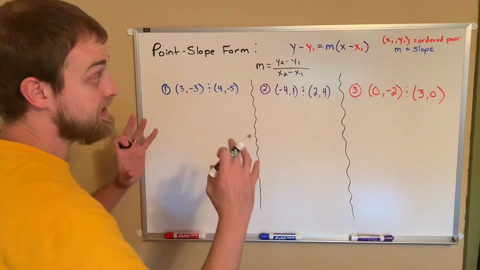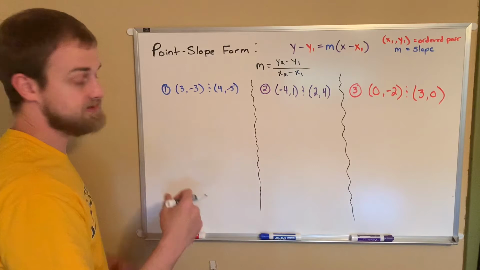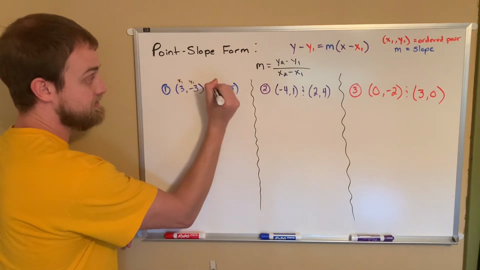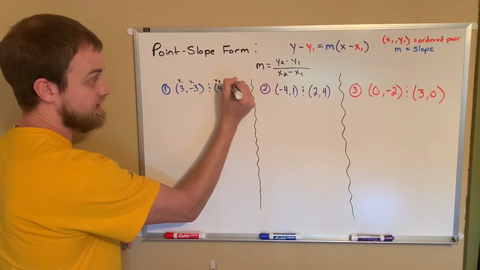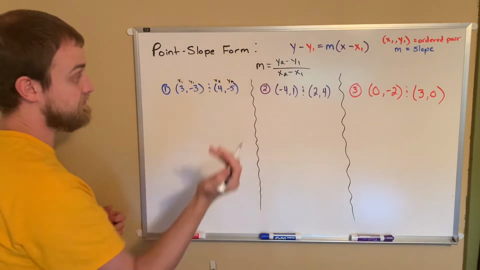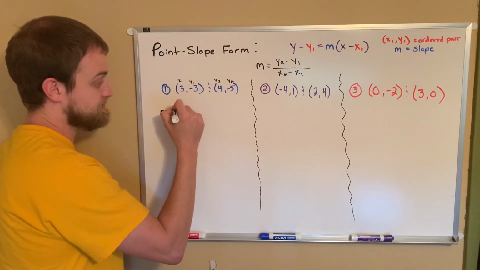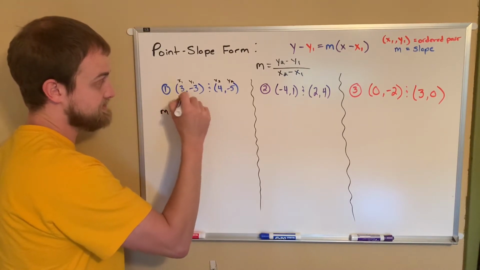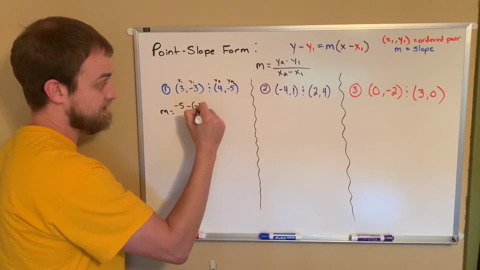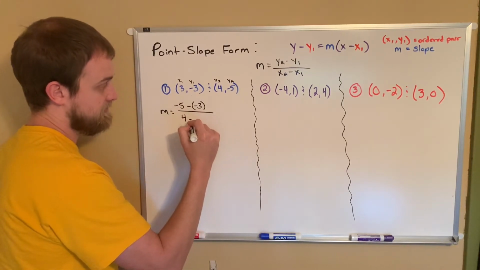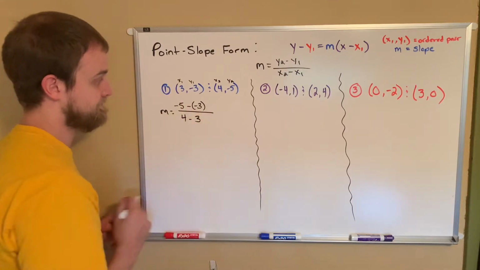So we need a point and we need a slope. We have 2 points, so let's find the slope. Remember, x sub 1, y sub 1, x sub 2, y sub 2, and we're ready to use the slope formula. M equals, my y sub 2 is negative 5, minus my y sub 1 is negative 3, over 4 minus 3.